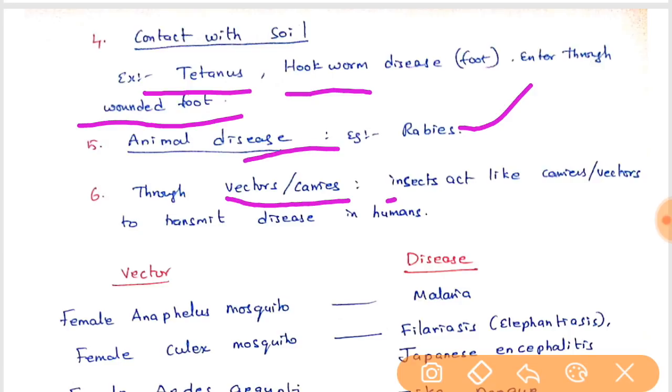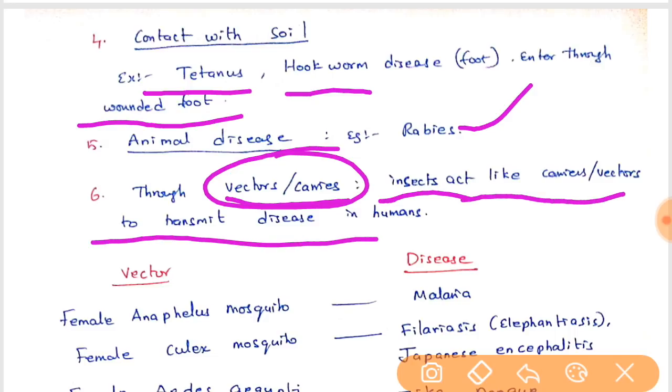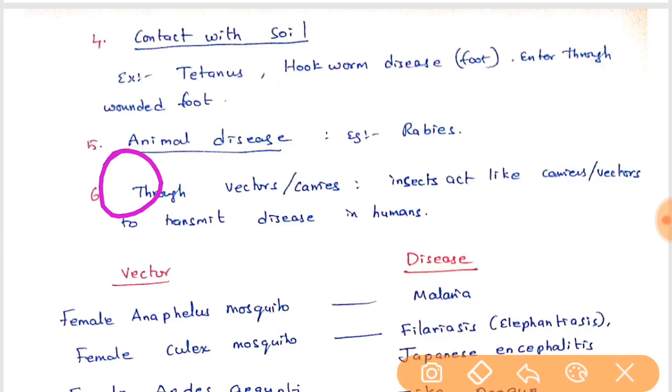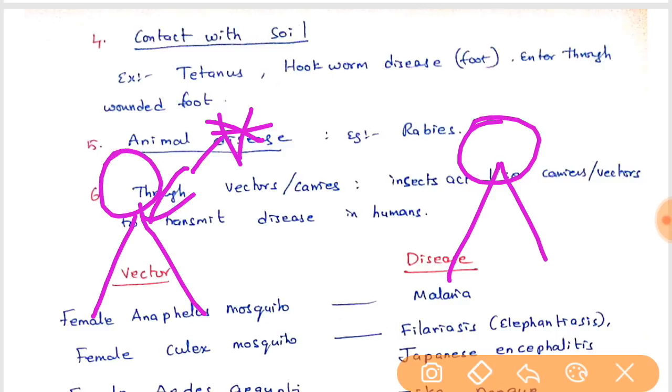Through some vectors or carriers. Insects, what are vectors? Insects act like carriers to transmit diseases to humans, friends. See, if you take malaria, malaria is transferred by the female Anopheles mosquito. Suppose some person is suffering from malaria, then this mosquito will bite this person and it will bite another healthy person, friends.